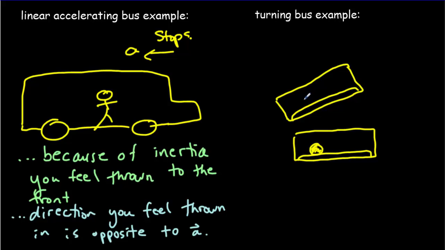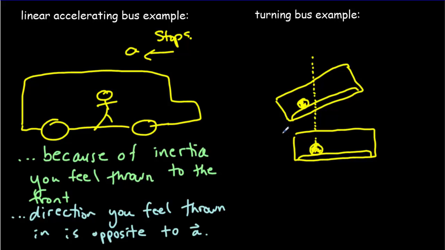And assuming you've got your seat belt on and you don't slide, your head's going to be approximately here. Now, if you were allowed to slide, you would have continued to go in a straight line. You would have gone up like that. But because the seat is holding you in, your head ends up over here.